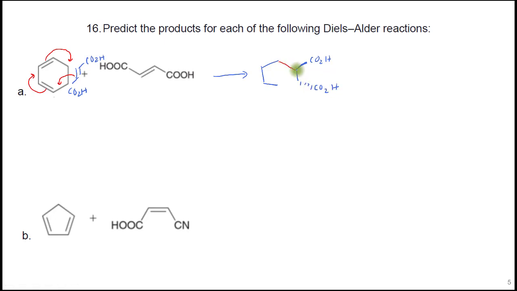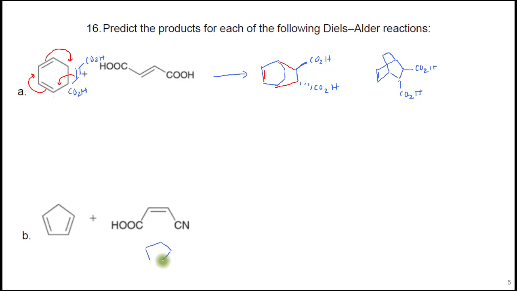I formed a new bond here, here, and then a double bond here, and then I have that bridgehead carbon, which of course you could draw this way as well. So that's that product.